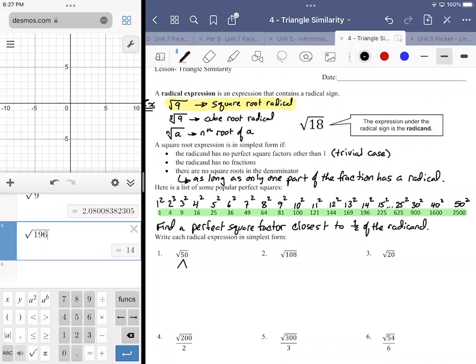I know it doesn't look much like a tree, but I don't know what else to call it. So I just call it a tree diagram. I mean, it's got some branches, so it's fine. But the closest perfect square factor to half the radicand, in this case, actually happens to be half the radicand. The number 25 is a perfect square. So the square root of 25, if I can get a radical to show up, you know what I'm going to do? Copy and paste.